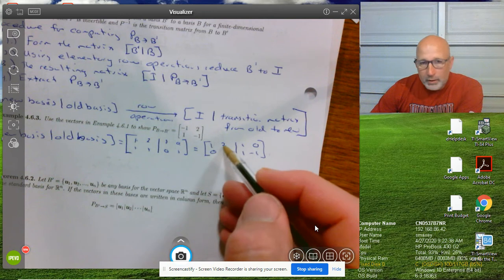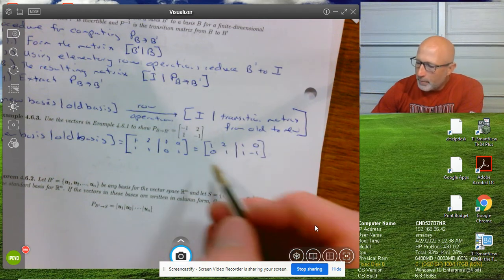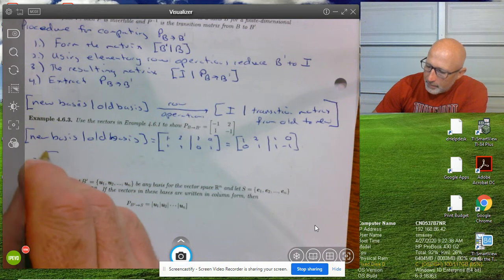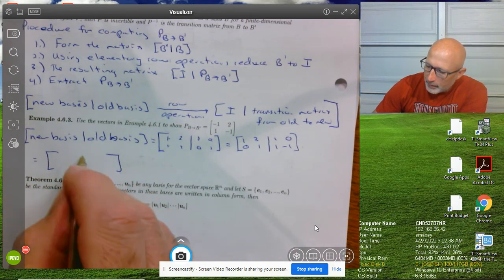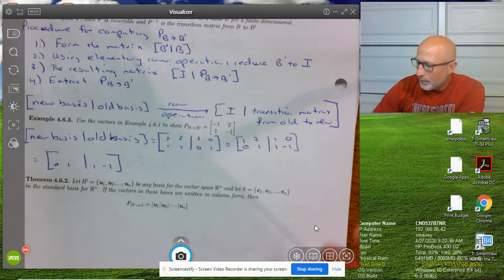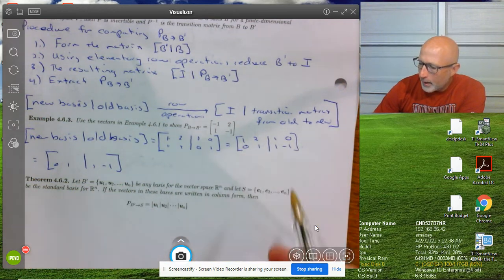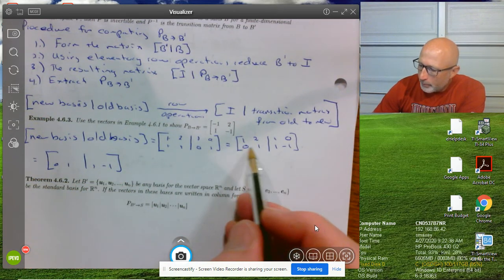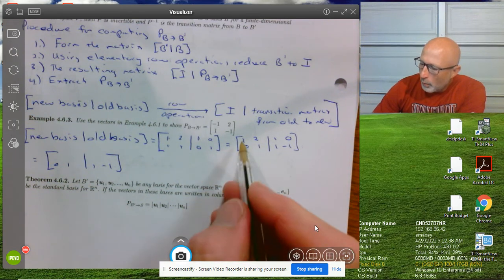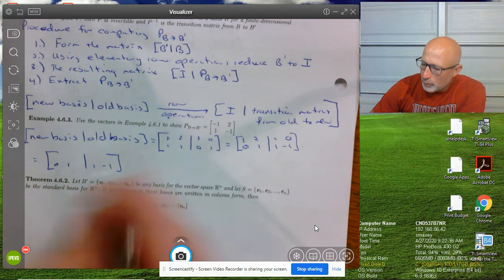Okay, then I need to get rid of this 2. So I have to multiply the bottom by 2 and then subtract it from the top. Now this time, the bottom is going to stay the same. So 0, 1, 1, negative 1. So I'm coming with the linear combination of those to replace the top. So the bottom I'm multiplying by 2. So 1 minus 0 gives you 1.